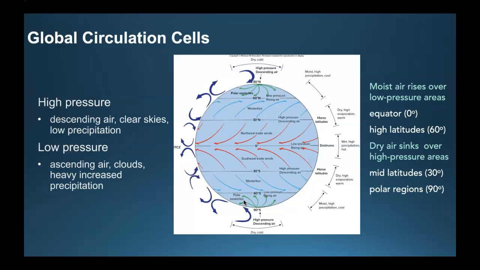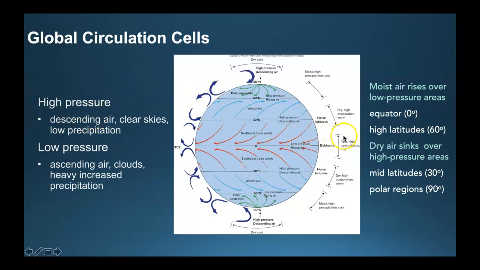Okay, so this is still based on those pressures, the high and the low pressure. Let's say again that the high pressure is descending air, clear skies, and low precipitation. And the low pressure is ascending air, where it's going up into the atmosphere with clouds forming and heavy precipitation.